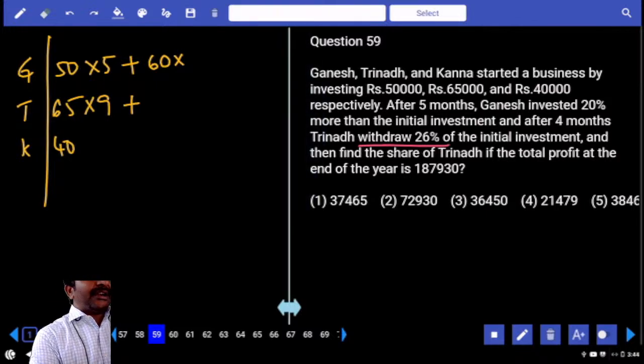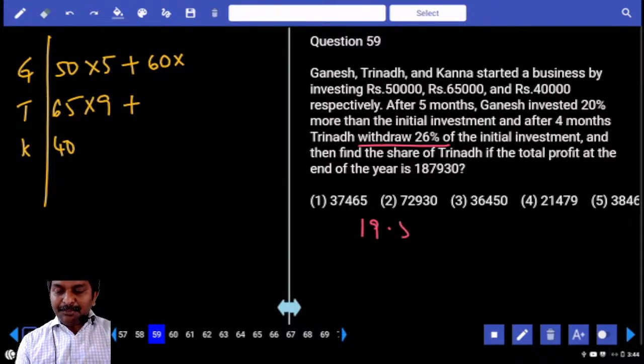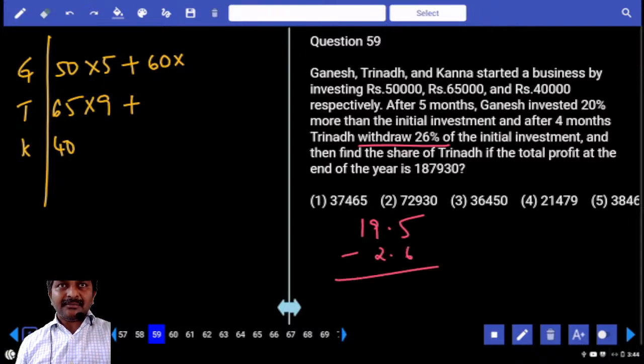Trinath withdraws 26% of this number. What is 30%? 30% of this number is 19.5. We need to subtract 4%. 1% is 0.65, double is 1.3, double is 2.6. From this, 2.6 is withdrawn.